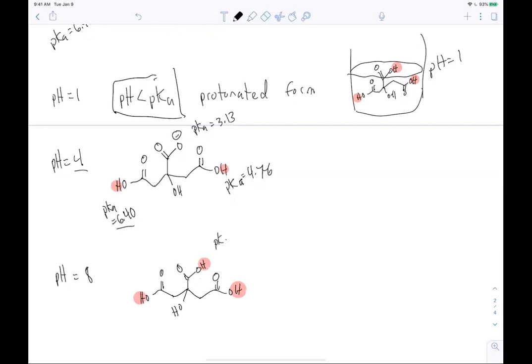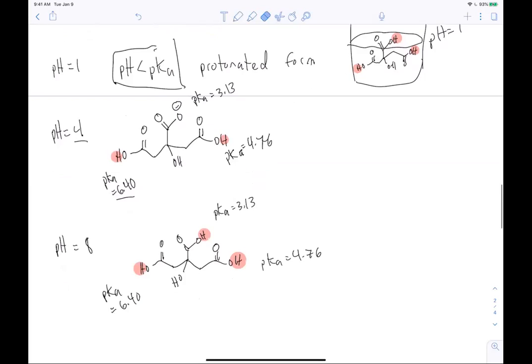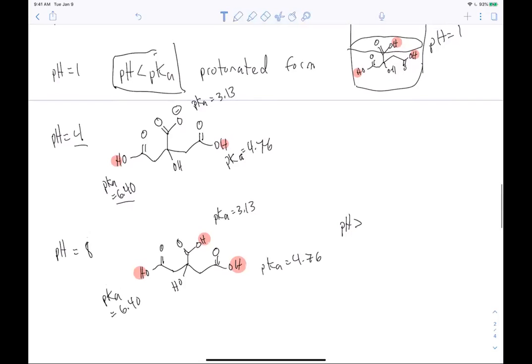This one has a pKa equal to 3.13. This one has a pKa equal to 4.76. And this one has a pKa equal to 6.40. So pH equals 8. The pH is always greater than the pKa for each of these.